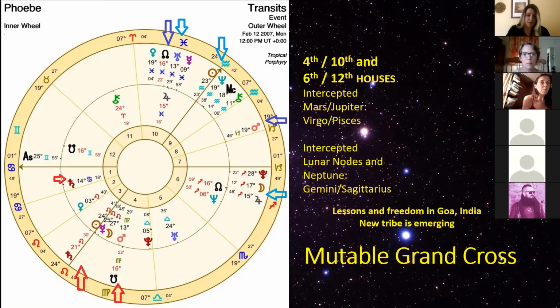So I'm going to go to February 12th of 2007, and we see that transiting Uranus in Pisces is activating the opposition to her Mars in Virgo. It's also conjunct her Jupiter, and then we also have the transiting Jupiter on her north node in Sag, and a transiting Saturn on her sun right here.